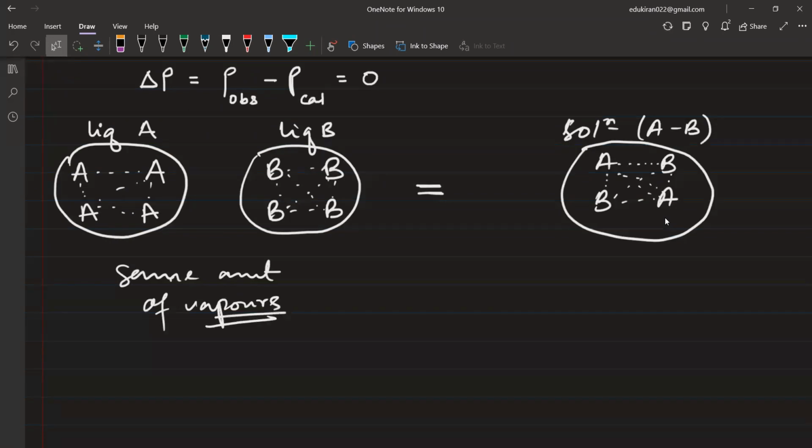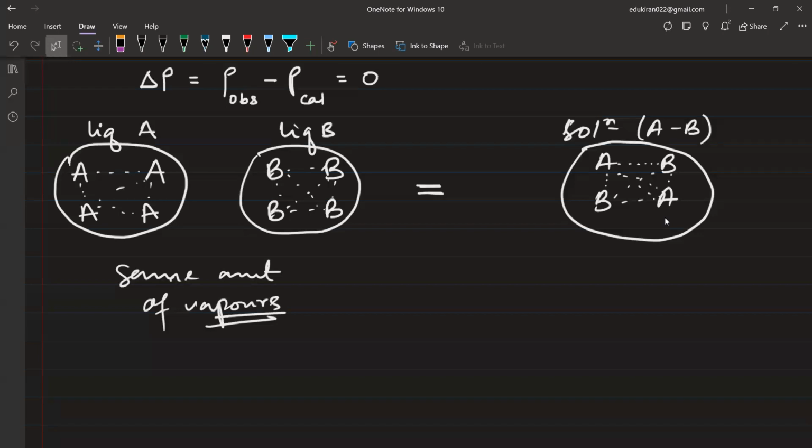Before mixing, we have some intermolecular forces of attraction. After mixing, we have some intermolecular forces of attraction. If both are the same, then only we can say that the same amount of vapors will be escaping out. Now, the escaping tendency before mixing and after mixing is the same. That is why the same number of vapors are formed. That is why the vapor pressure is the same.